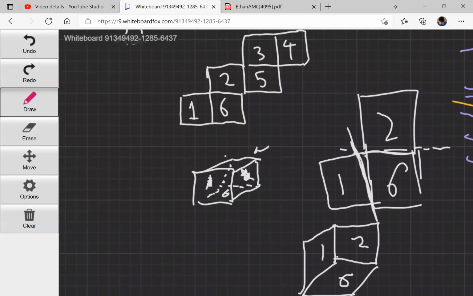So I guess it's obvious that 2 is not opposite 1, right? Because 2 is next to it.